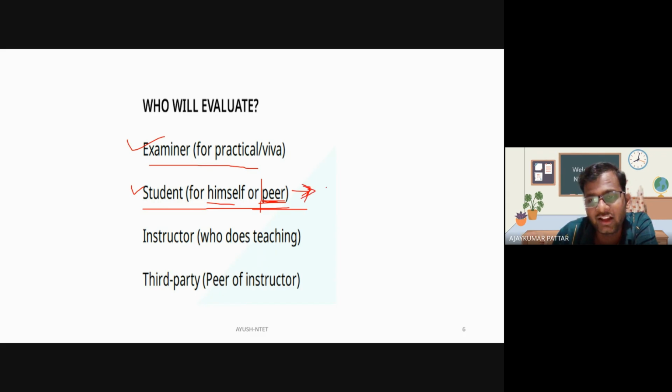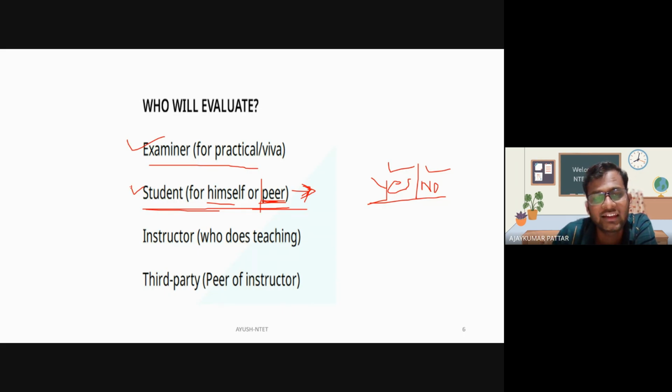By answering yes or no type questions, whether I am able to do this thing, he can judge himself whether I am good in these things or not. So a certain checklist will be there for certain things. In self evaluation, students sometimes evaluate themselves, whether I am learning well, whether I am good or bad in study. That is also student evaluation.